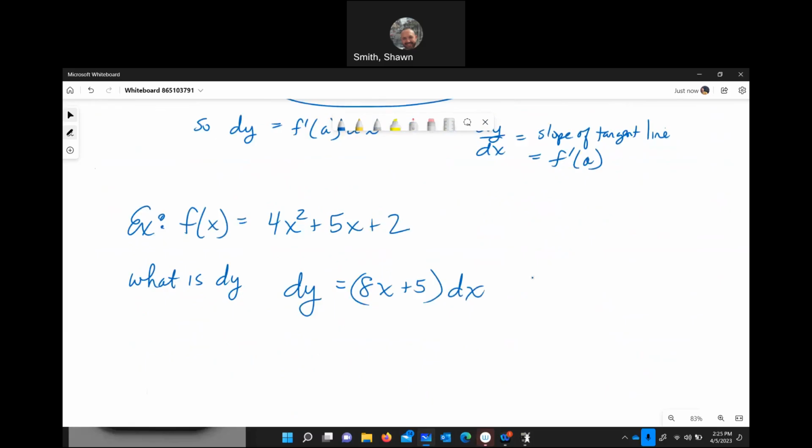So if I ask you this kind of notation, that's it. dy is equal to the derivative times dx. Very simple. You can do a trig function. If I say f of x is equal to 3 times the cosine squared of x, dy is equal to what?